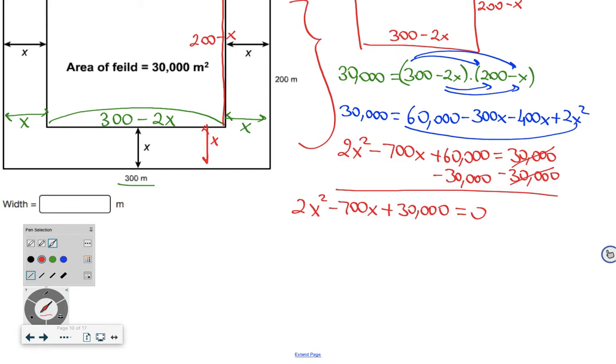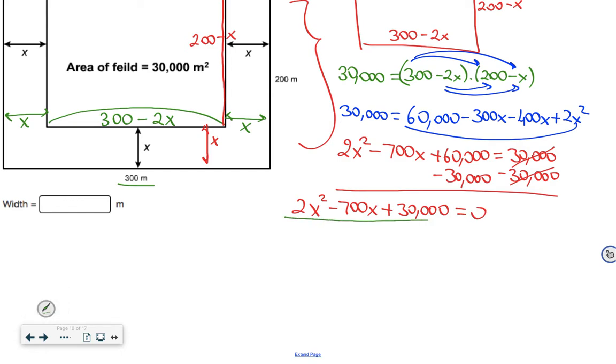If I divide all the expression by 2, then you will get x squared minus 350x plus 15,000 equal to 0. To be able to factorize, you need to get two factors of 15,000.